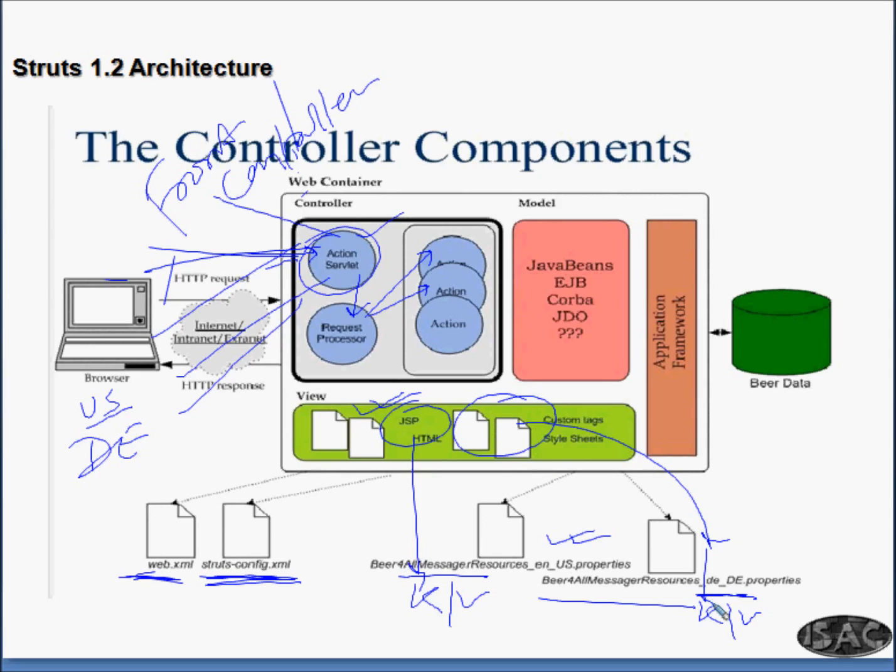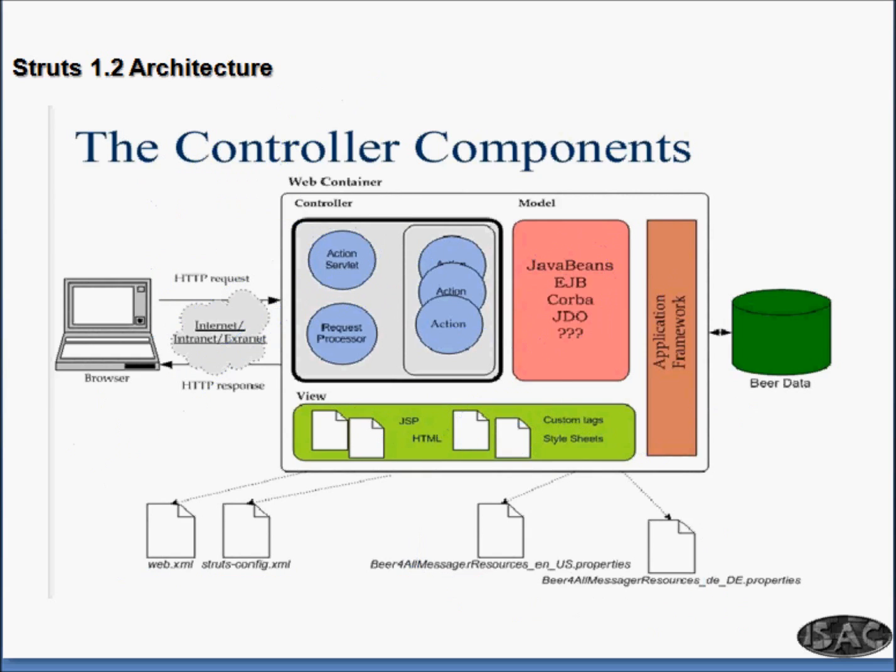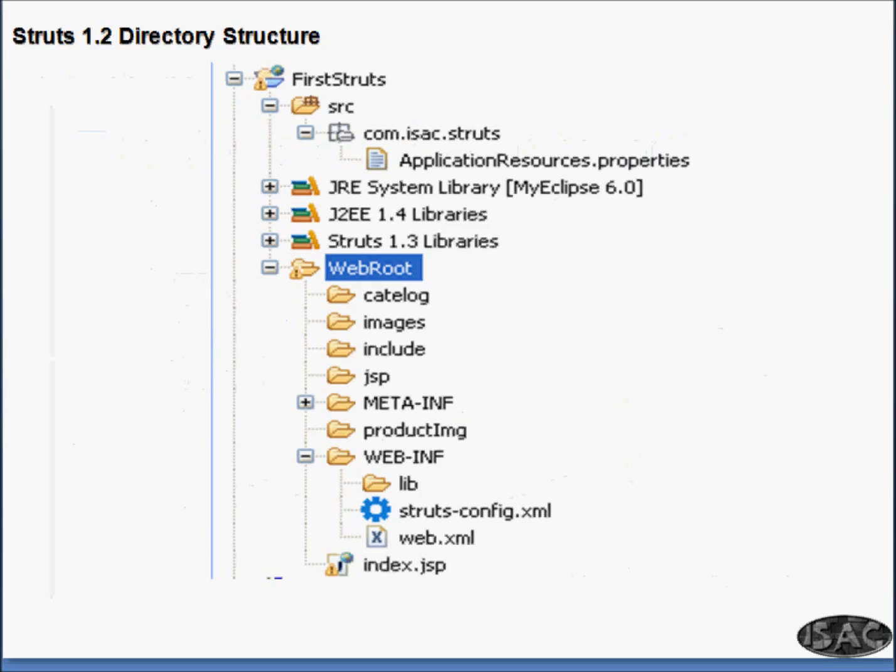If the action wants to interact with the database, it can take the help of JavaBeans, right? It can take the help of some other technology, and that will further interact with the database. But Struts never talks about how this will be handled. You can use some existing technology in that, and you can interact with the database. Okay, now look at this architecture.